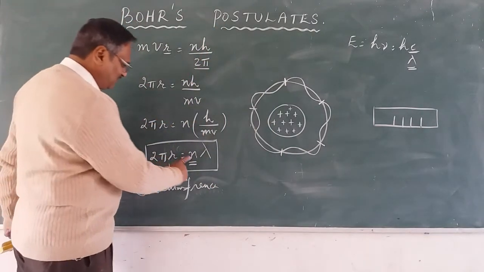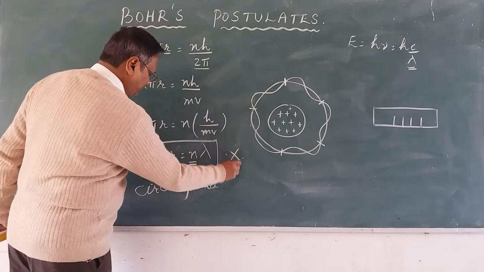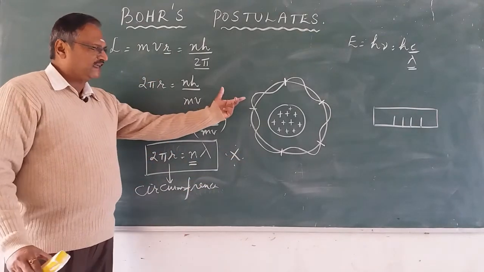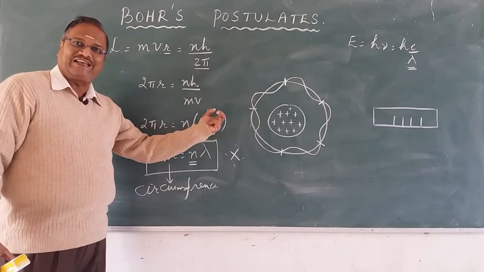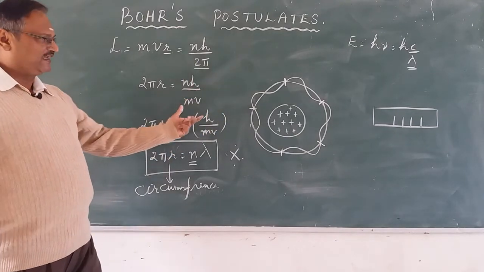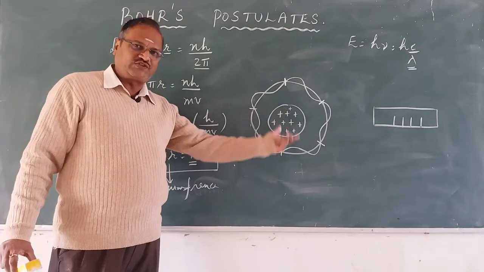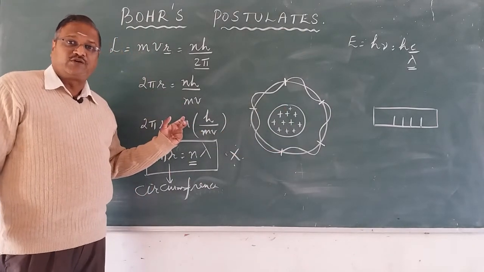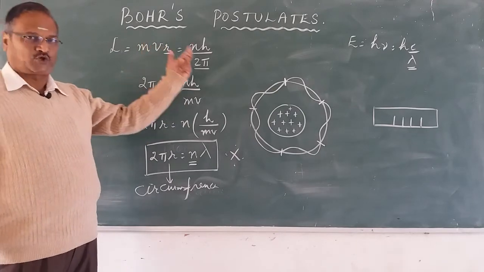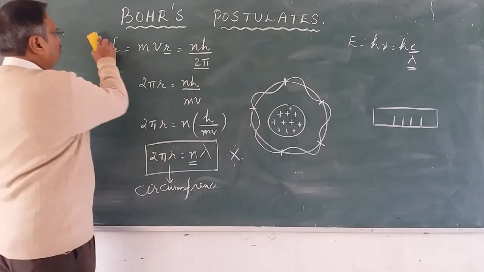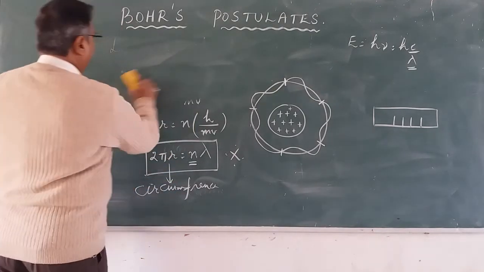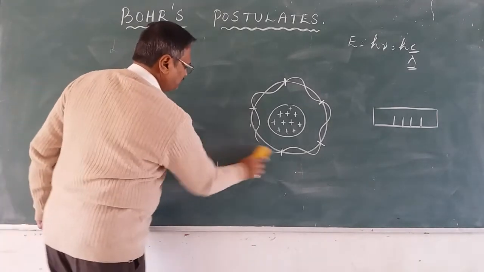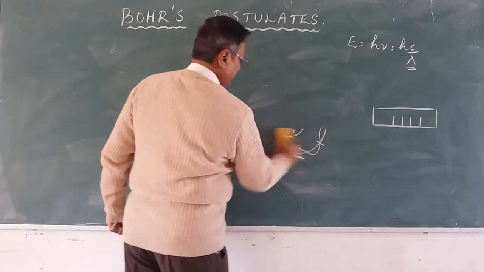That's why this formula is very important, because it explains that the circumference consists of n number of wavelengths. So this is one of the most important conclusions from Bohr's postulate, and this is a particular learning which you have to do.